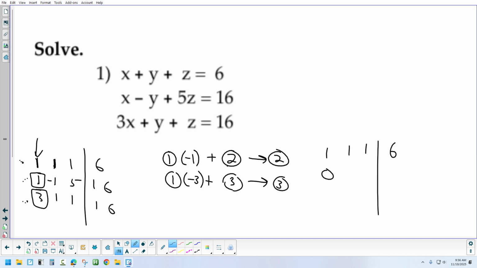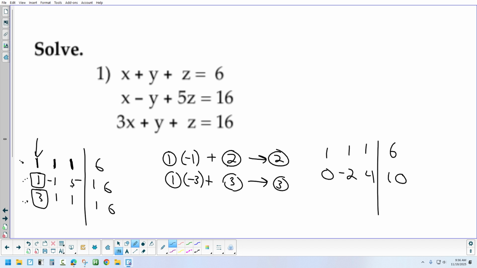It's -2. What's this times -1? -1 plus 5. 4. And don't forget about the right side. What's 6 times -1? -6 plus 16. 10. Okay, so we're done with that step.